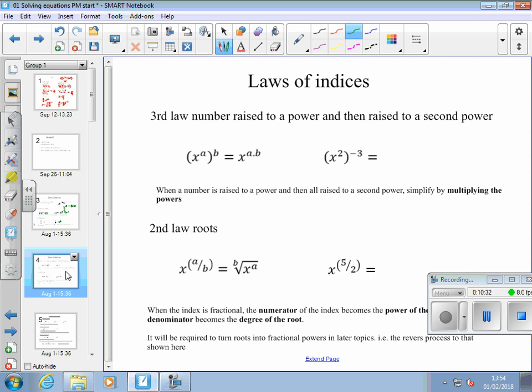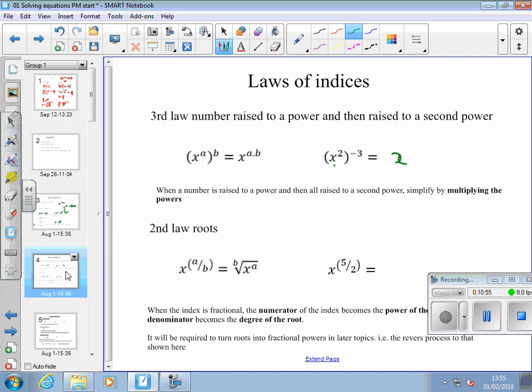Third law of indices. If you have a number x to the a, all raised to the power b, the result is x to the a times b. So in this example, we've got x squared raised to the power of minus 3.